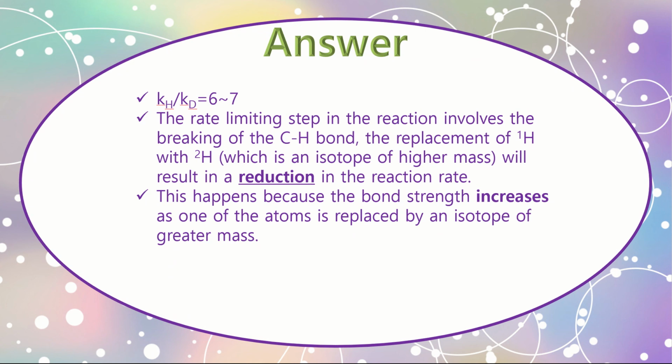And this only happens because the bond strength increases as one of the atoms is replaced by an atom of greater mass. So this is a full response as to why the speed of the reaction will slow down.